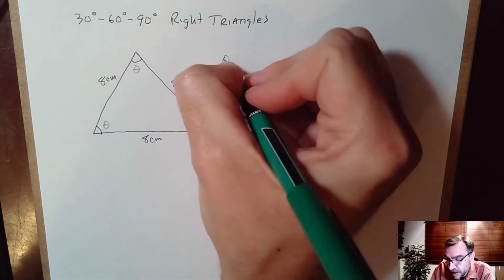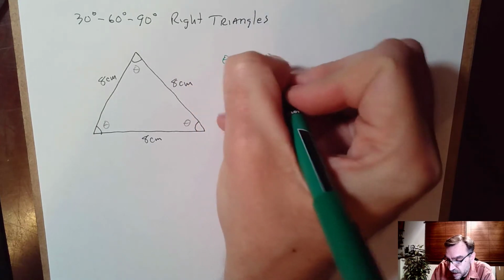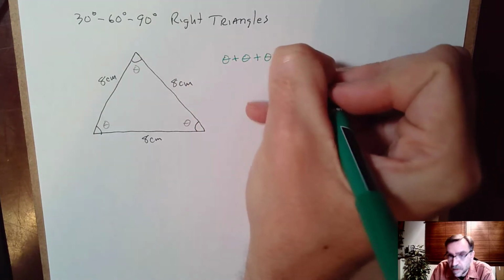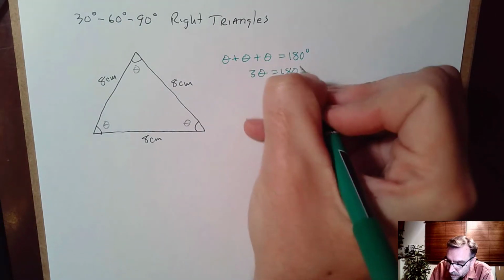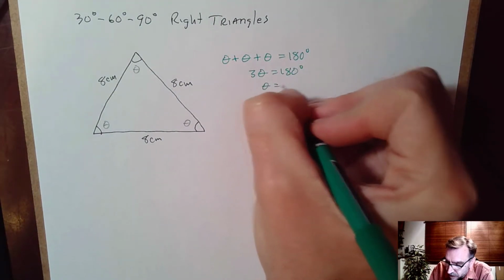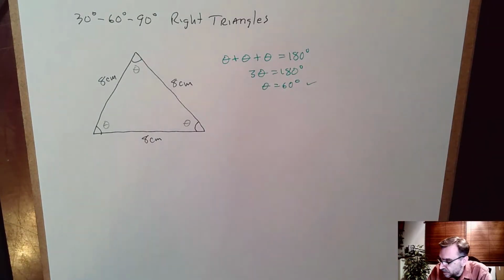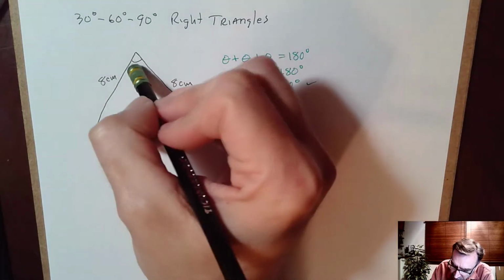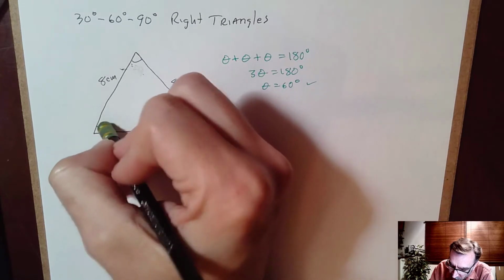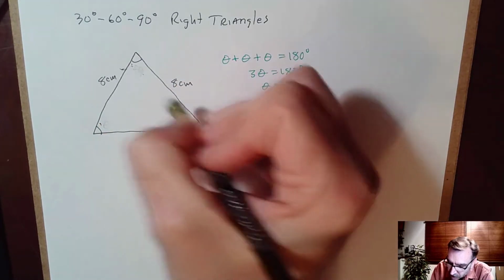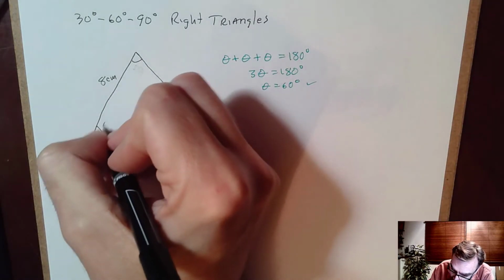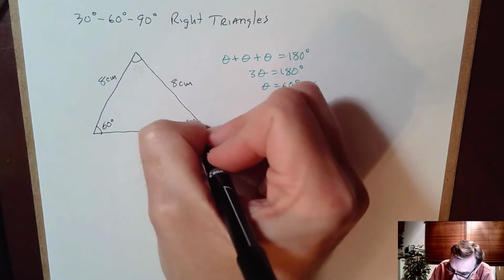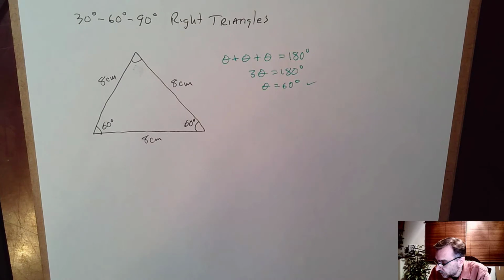So we can write theta plus theta plus theta adds up to 180 degrees. In other words, 3 theta equals 180 degrees. And then dividing by 3, we get theta equals 60 degrees. So that means each angle in an equilateral triangle, no matter what, is always going to be 60 degrees. All right. So I know this is 60, this is 60, and the top angle is 60.